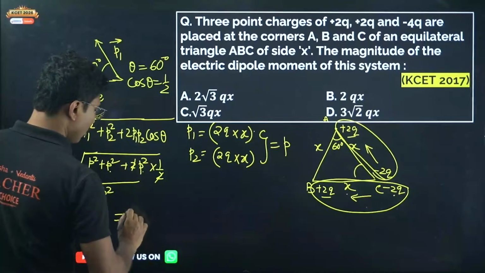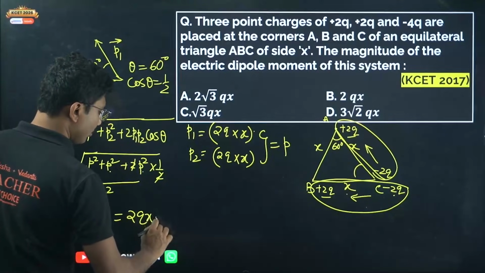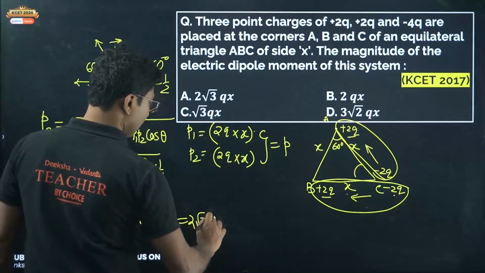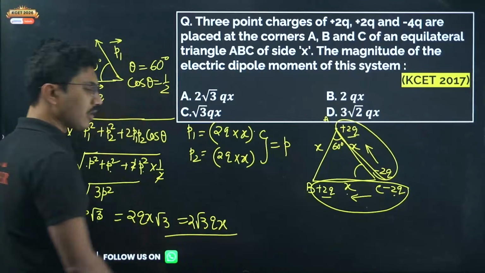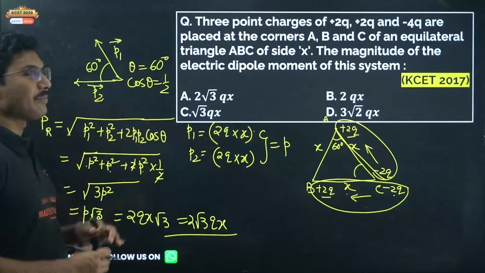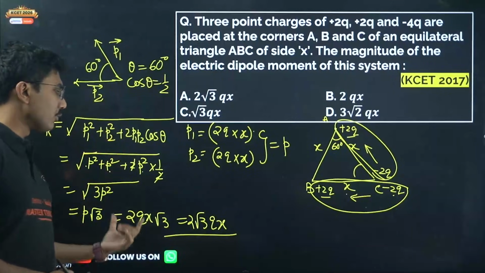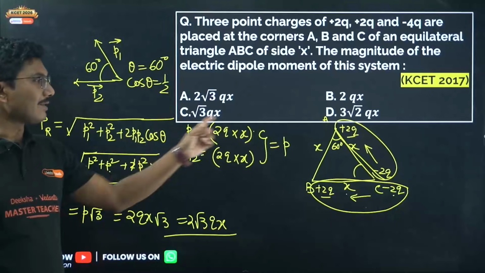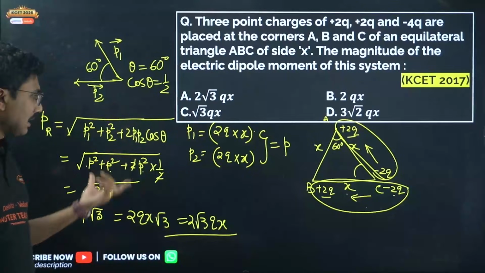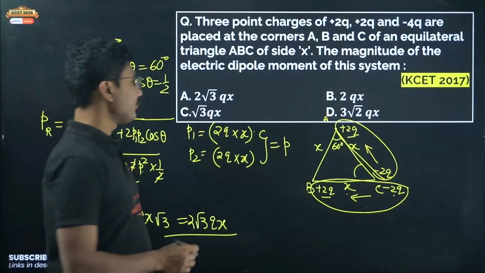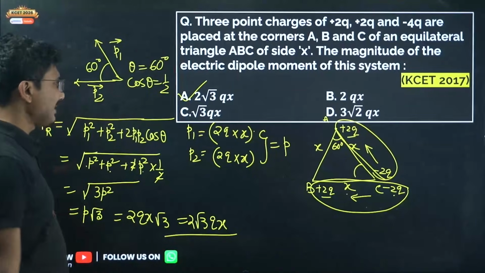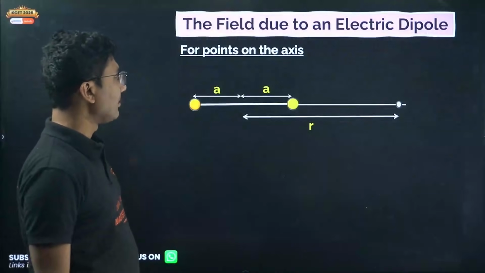P is 2qx, into root 3, or 2 root 3 qx. Now this kind of calculation you have to do a little faster because I am explaining each and every step, so I took a little bit longer. But if I am solving the question, I will directly take both of them as p and directly use the formula and solve it. So it will be 2 root 3 q into x. That is, option A is correct. Now let's move on.